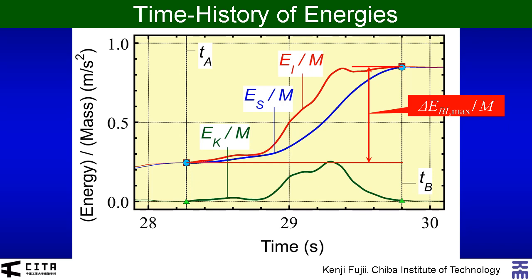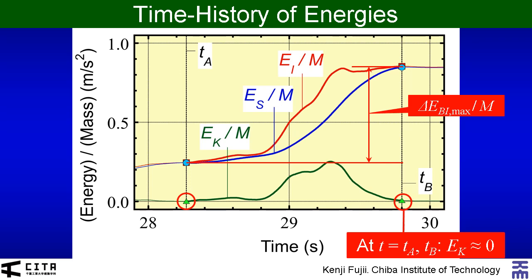The increment of the input energy shown here is the maximum momentary input energy per unit mass. The kinetic energy Ek is close to zero at times Ta and Tb.